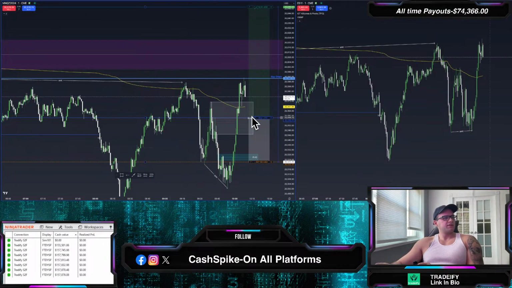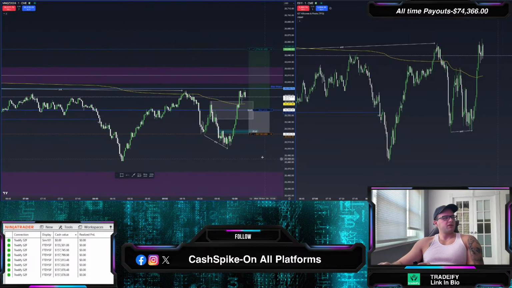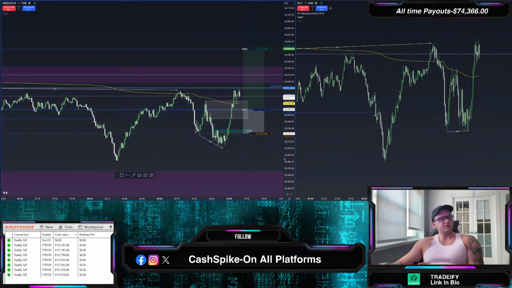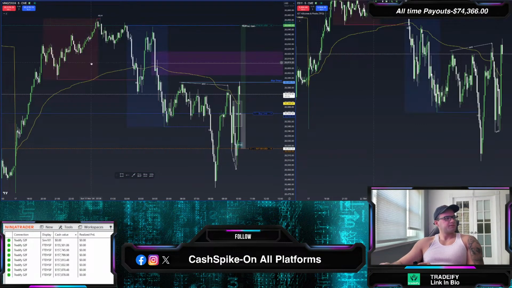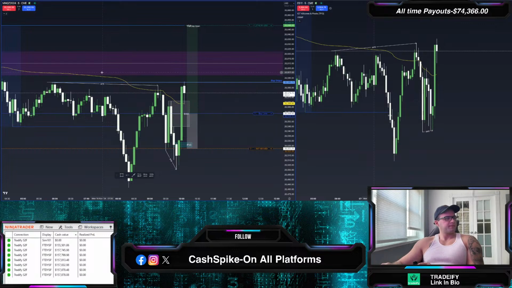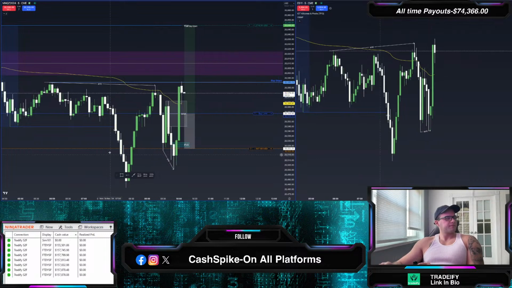So if it retraces to 50%, I'll be willing to take that. I didn't get an entry in here, but I expect to get a bit better with a retracement. This whole fair value gap area over here.